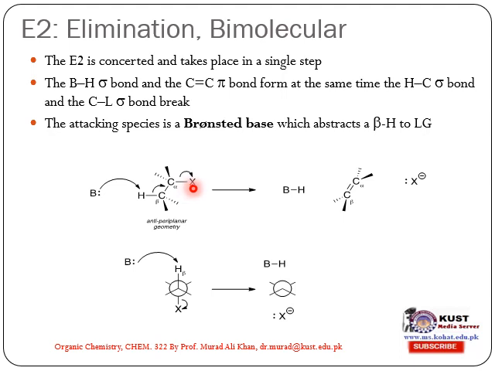Like here, it is the leaving group, and the carbon to which the leaving group is attached is the alpha carbon, the next is the beta carbon, and the hydrogen attached to the beta carbon is the beta hydrogen. As a result, there is the formation of a double bond between the alpha and beta carbon.